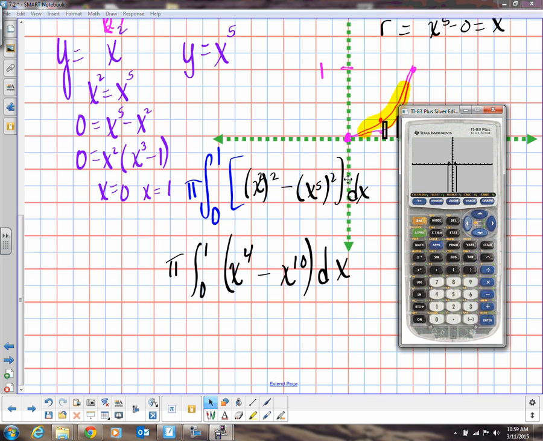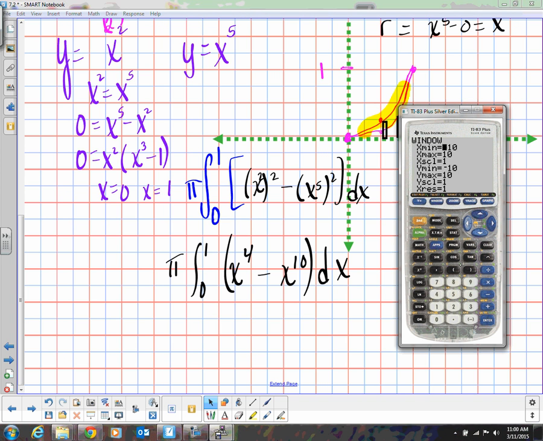Now, I really don't like that. I think what I'm going to do is I need to see this part right here. I don't like to zoom. You want to be in control of your window at all times. You don't want to leave it up to the calculator. What are we integrating from? 0 to 1. So I'm going to make my x's 0 to 1.